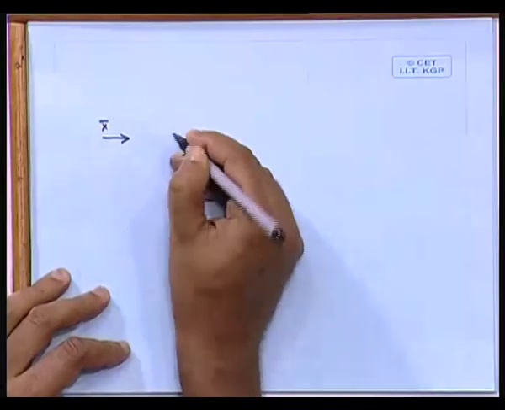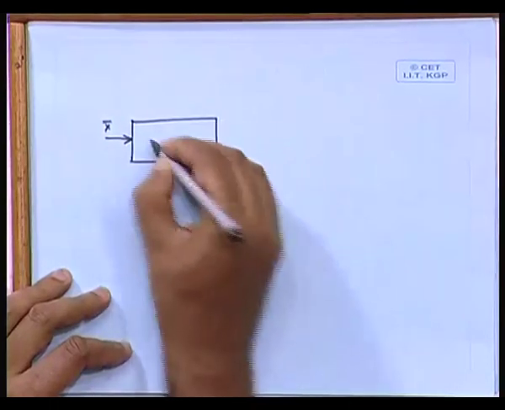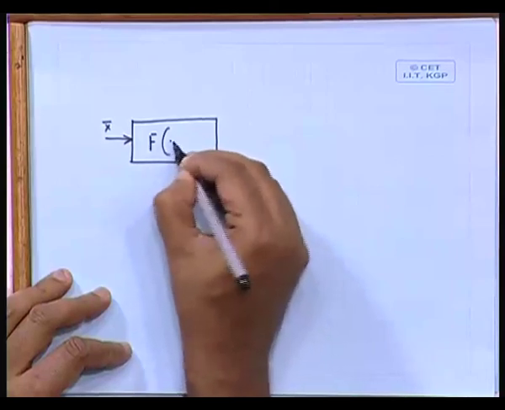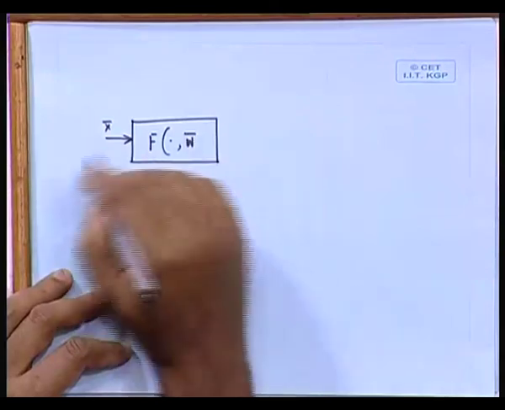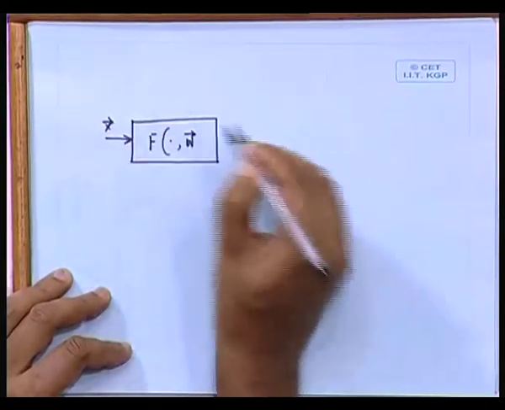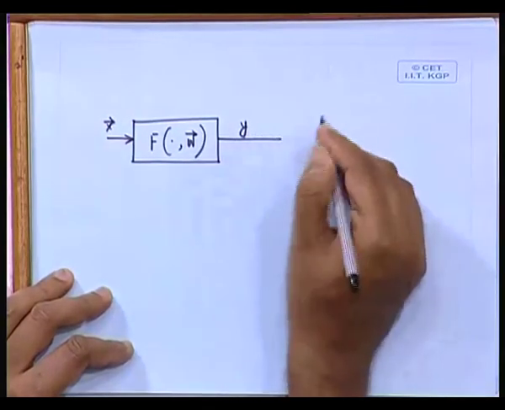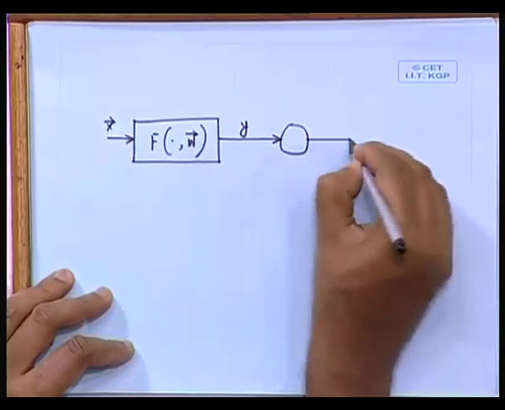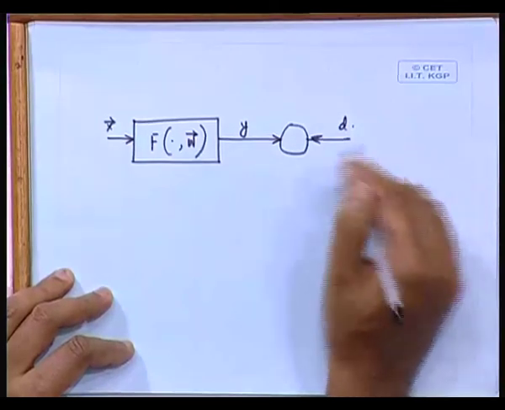Here too the input will be the x vector, then we have the neural network function represented as f of x as well as w, and y is going to be the actual output, and d is going to be the desired output.